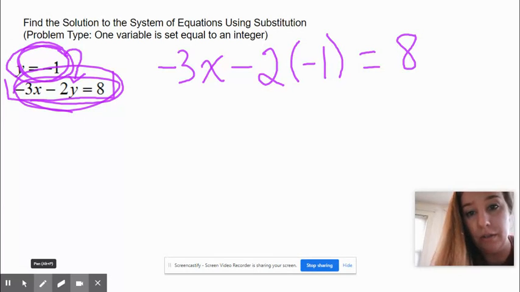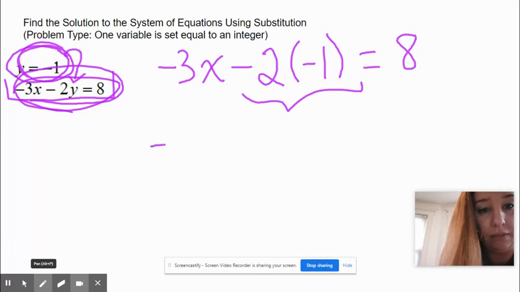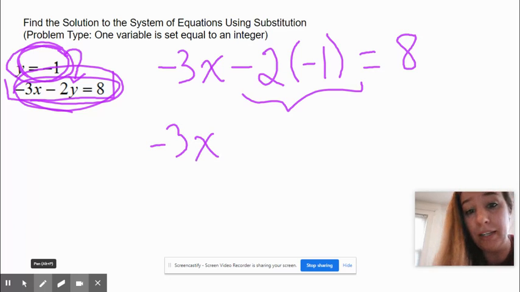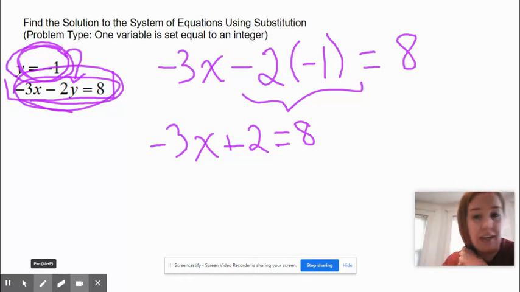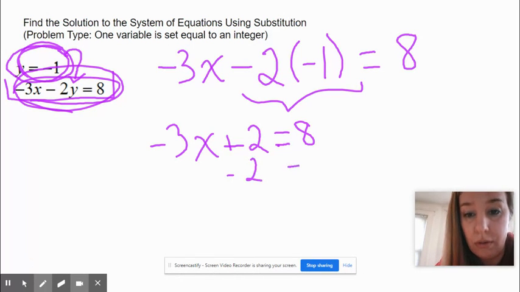So let's jump right in. First, I'm going to fix this, right? So I've got negative 3x. Negative 2 times negative 1 is positive 2, equals 8. So now we're looking at a two-step equation, right? We're going to subtract 2 from both sides. Cancel, cancel.